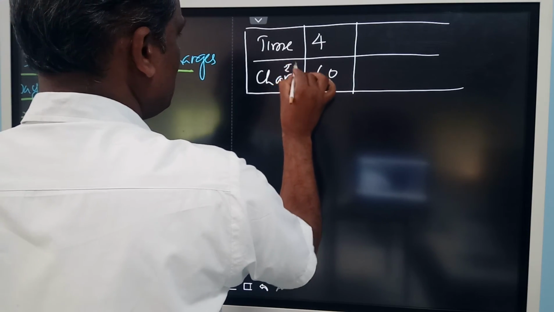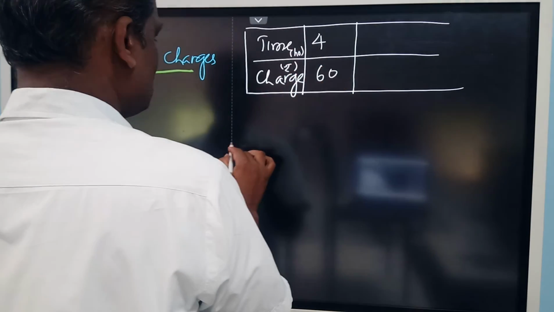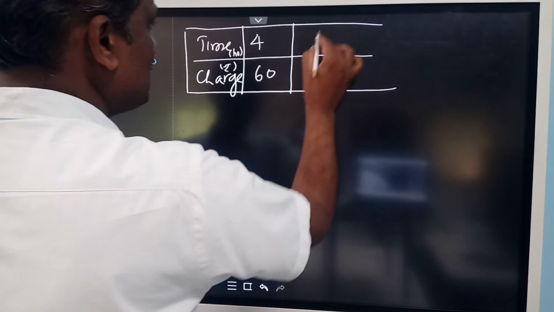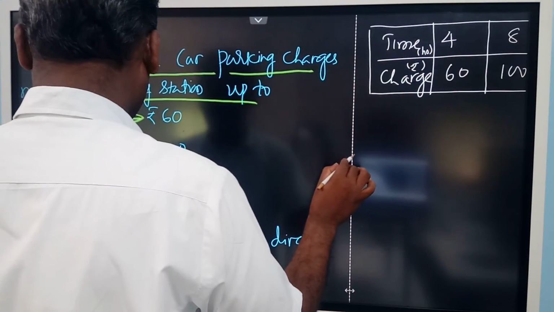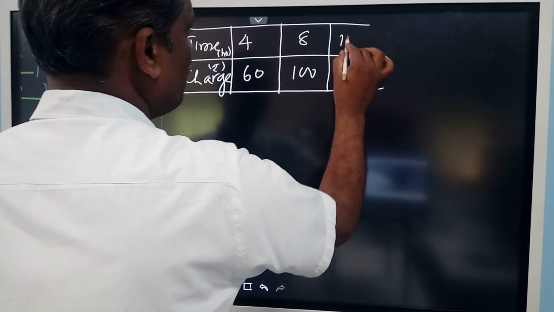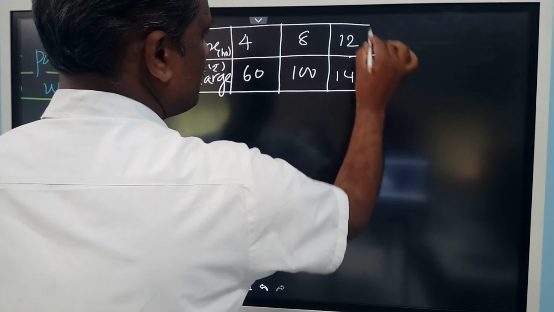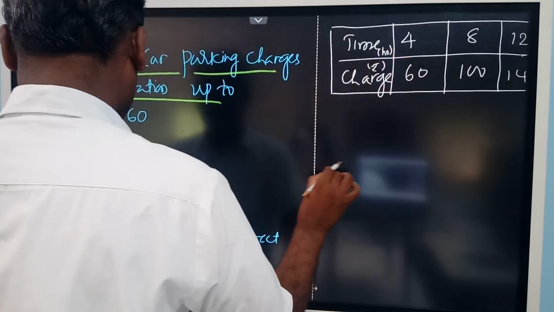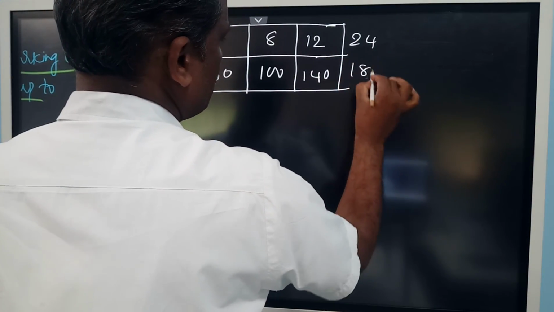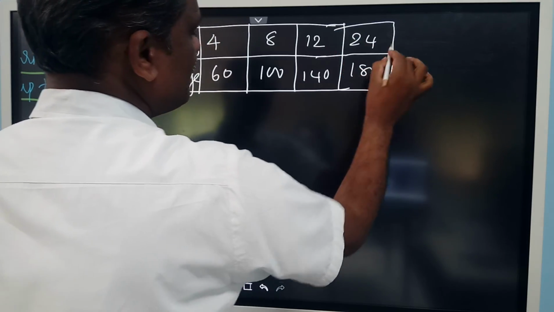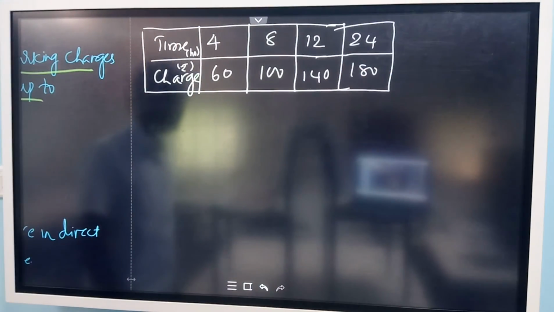It is in rupees and in hours. The second one is 8 hours means 100. Then the third one, 12, 140. Then the fourth one, 24, 180. Now you check whether this is in direct proportion or not.